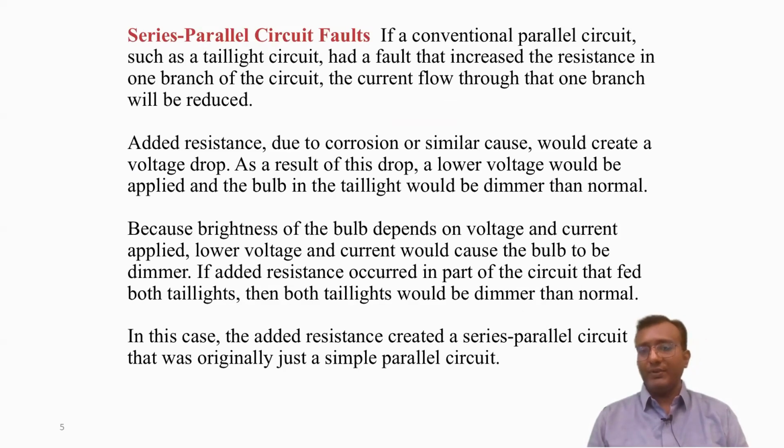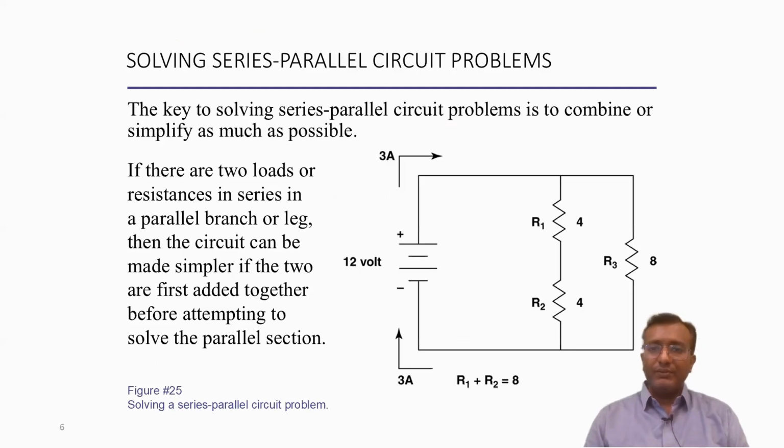How to diagnose the faults of series and parallel combinations was also discussed in the previous lectures. So we will move on to the problems where there is a series and parallel combination, and we have to find out the unknown parameters in the circuit.